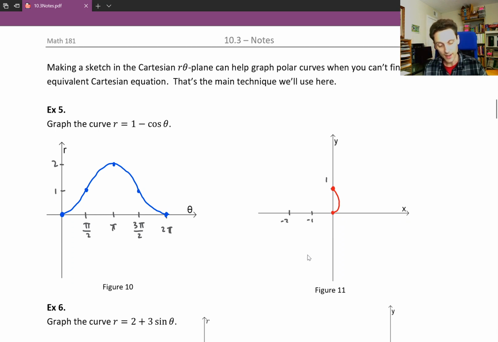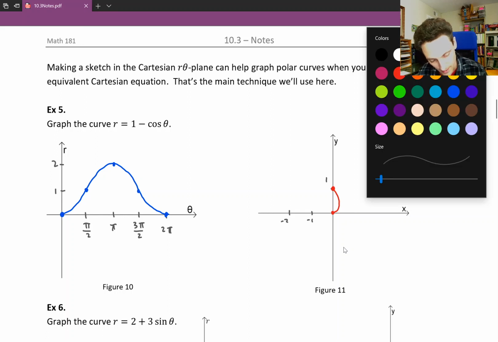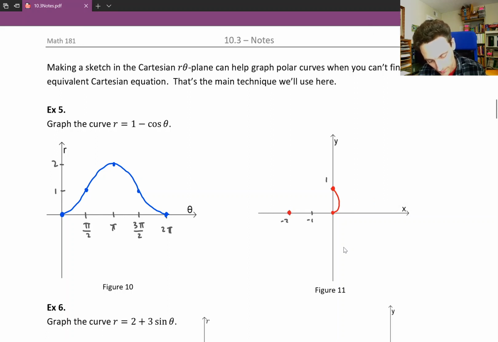So in terms of x values, this is -1, -2, but in terms of the r number line, since it's pointing in the pi direction, you're going 1, 2 in the positive r direction. So that's going to be the point right here at -2, 0 in terms of x and y coordinates.